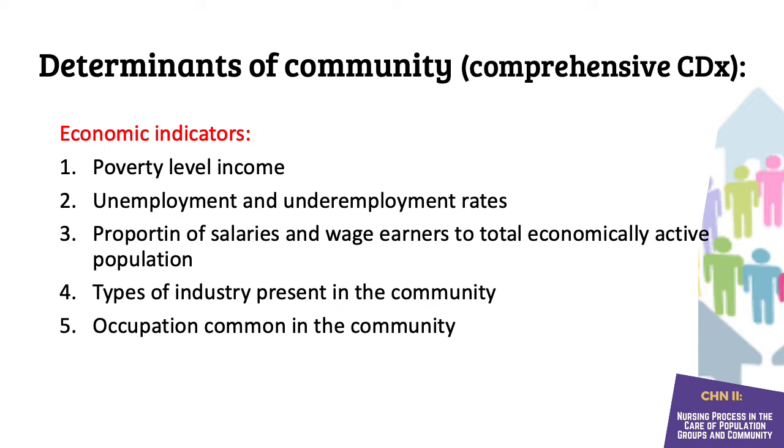Under your economic indicators, we have the poverty level income. Okay? A level of income that is above is possible to achieve an adequate standard of living. And if it is below that, we can say that the family or the community is at the poverty level.